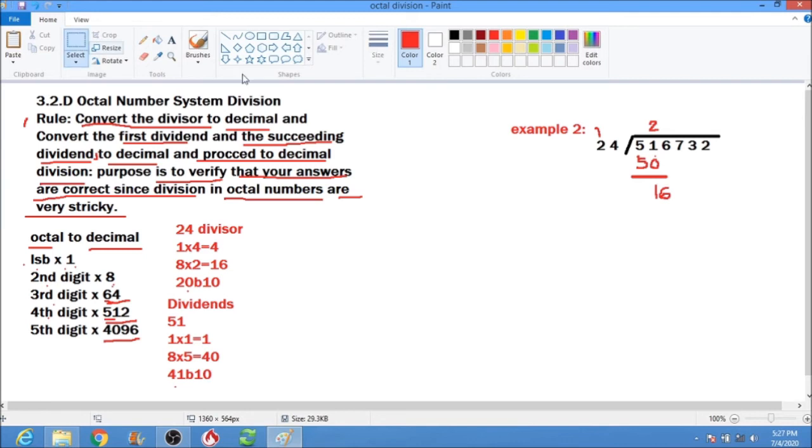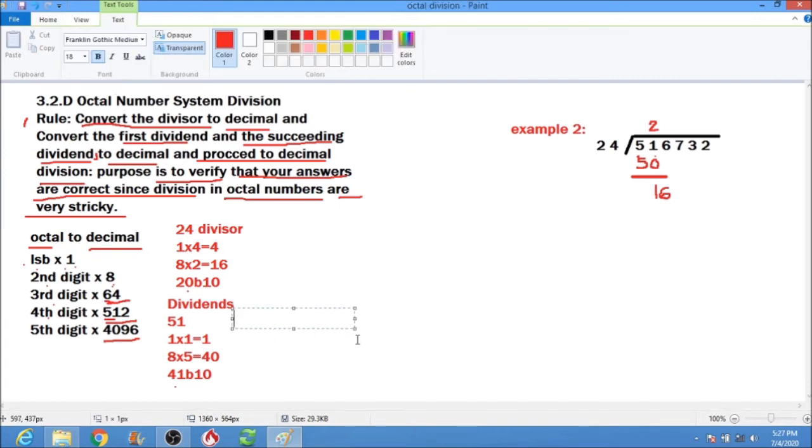Therefore we have another dividend, the second dividend. The second dividend is 16. So convert. 1 times 6 equals 6, and then 8 times 1 is equal to 8, and 6 plus 8 is equal to 14 base 10.